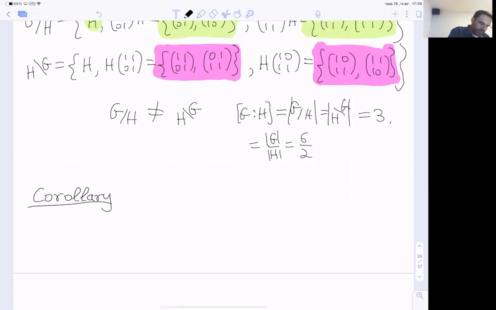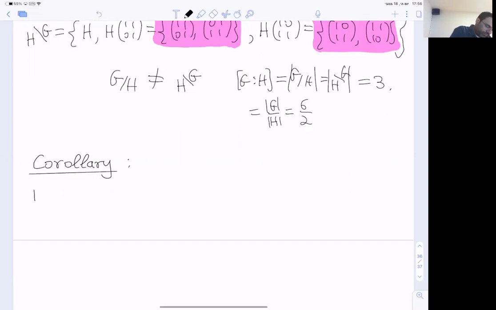Now we call it the Euler theorem. Of course, Euler in his lifetime didn't call it groups.